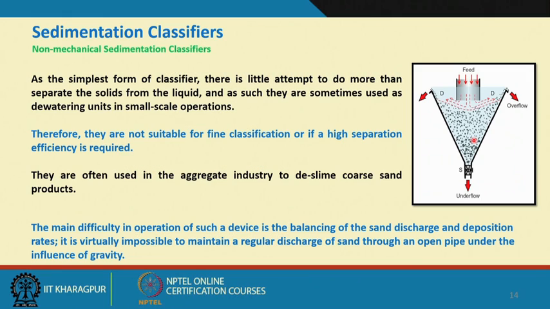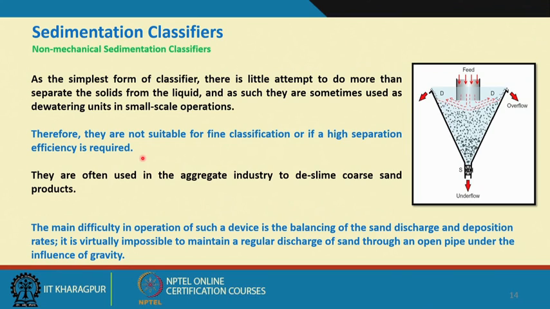So, what is the nature of your solid particles? That is very important. If you have ultra fine particles, maybe your solid liquid separation will not be perfect. So, they are not suitable for fine classification, or if a high separation efficiency is required.